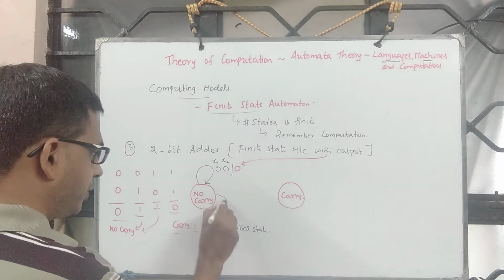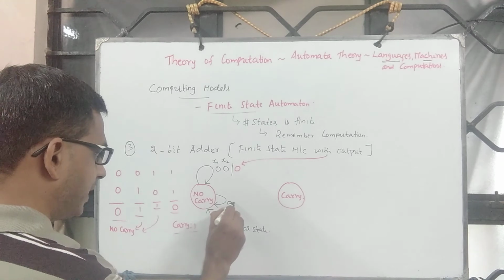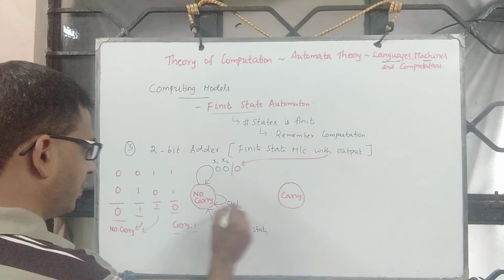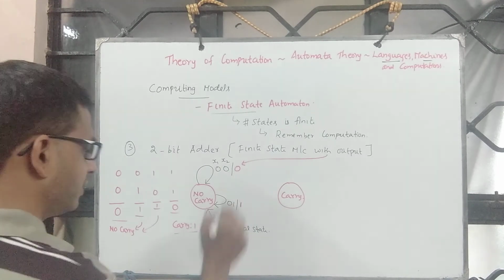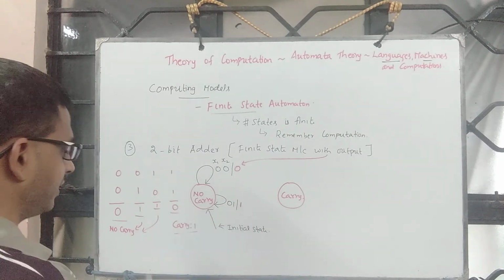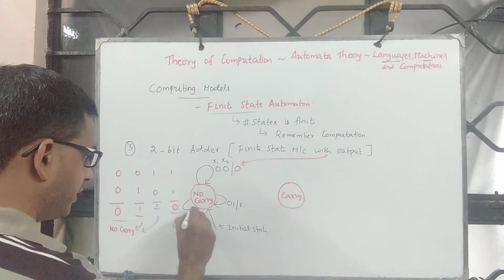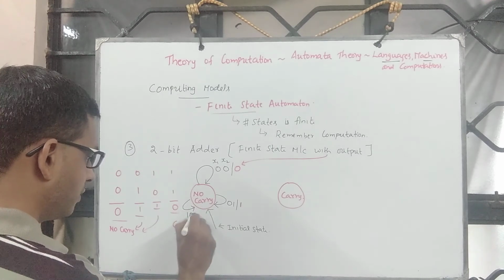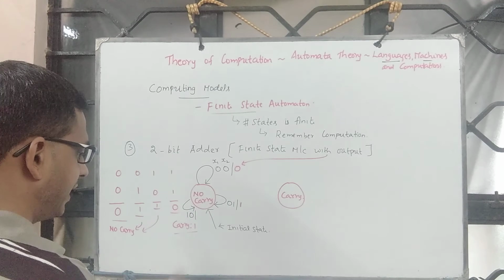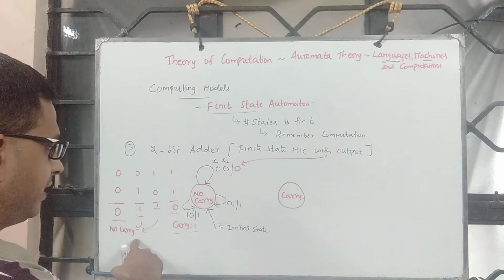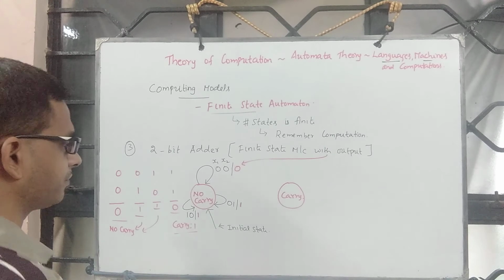Now, if the input is 0, 1, then sum is 1, there is no carry, so I continue to stay in the same state. Or the input is 1, 0, then you see that sum is 1 and there is no carry, so I continue to stay here.